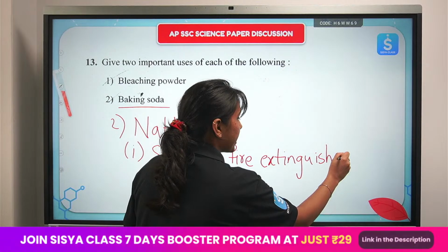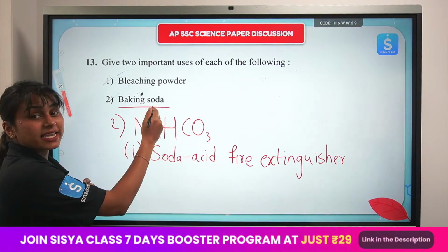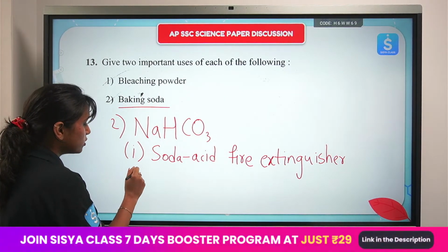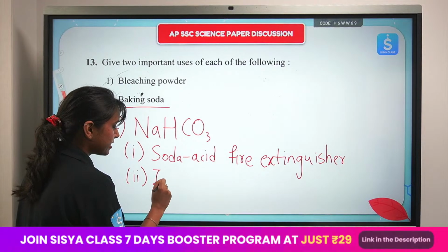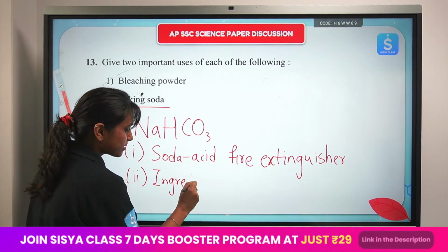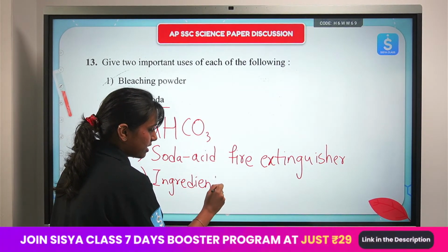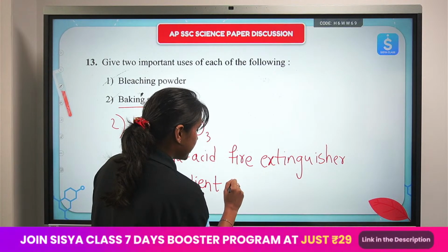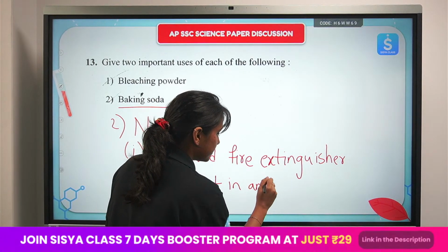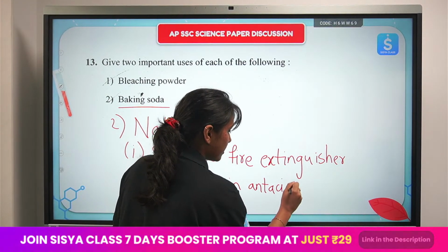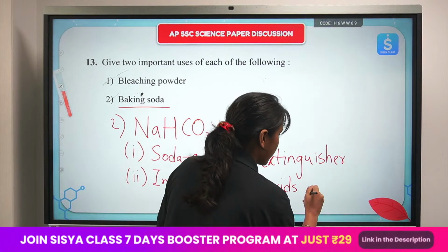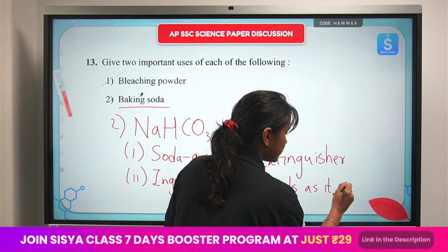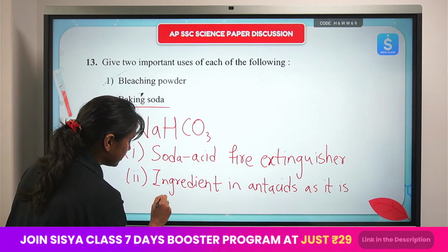Also, it is basic in nature, so it is used as an ingredient in antacids, as it is basic or alkaline in nature.